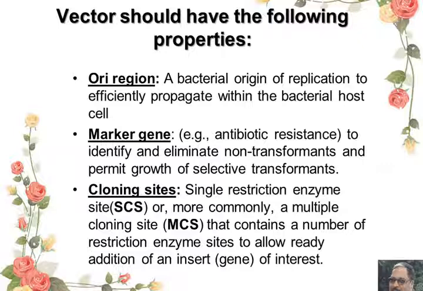These cloning sites contain palindromic sequences which are identified by the specific restriction endonuclease enzymes and help in cutting the plasmid. Hence, the RENs are commonly known as the molecular scissors. So, a plasmid should have at least a single restriction enzyme site, or it should have multiple cloning sites.